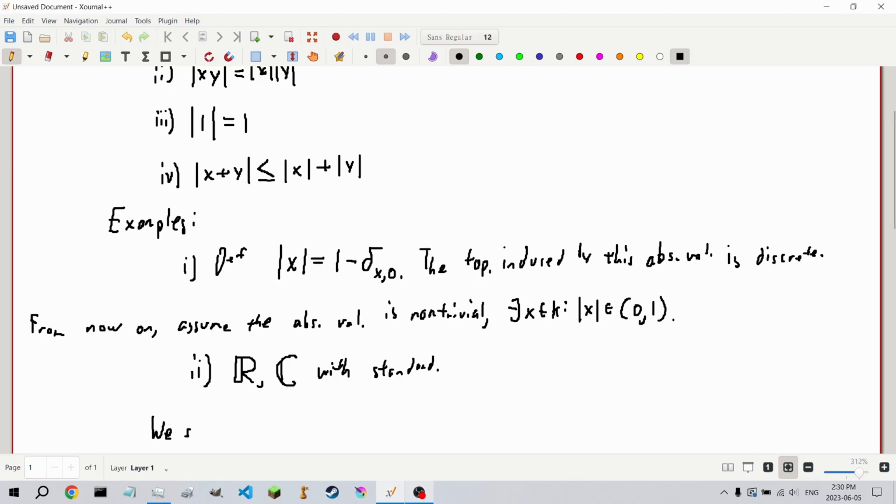We sometimes replace our fourth condition with an alternative fourth condition, which states that the size of the difference of two vectors is at most the size of the larger one.